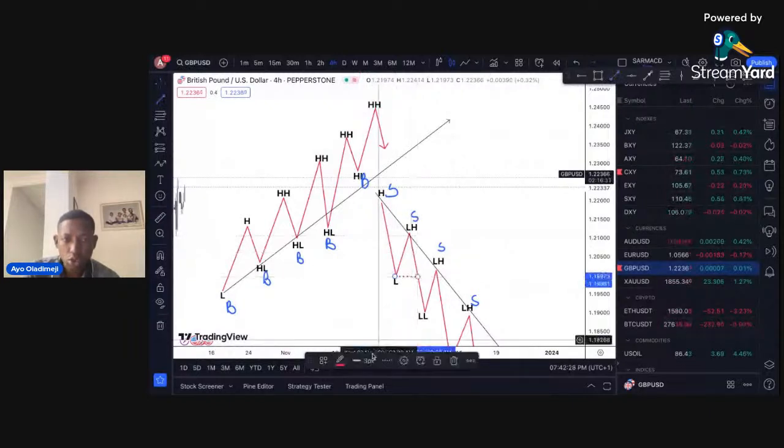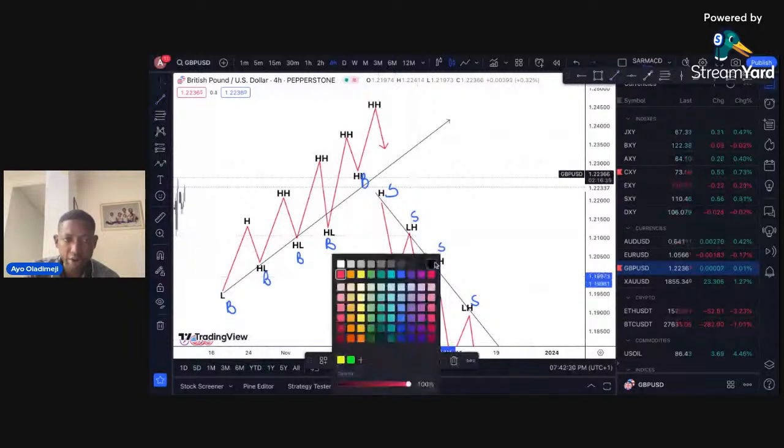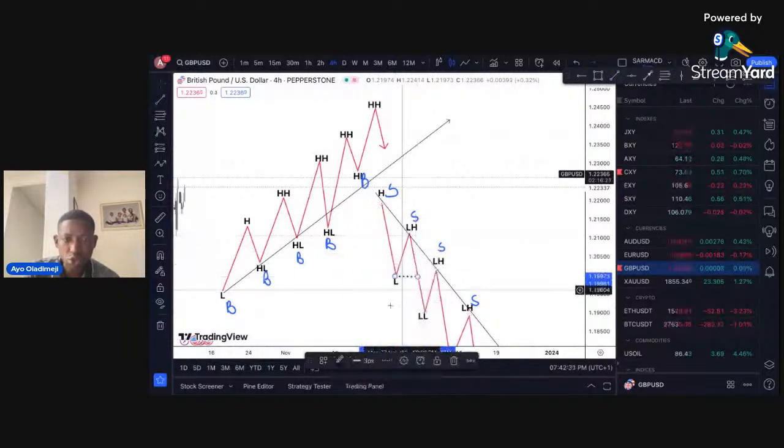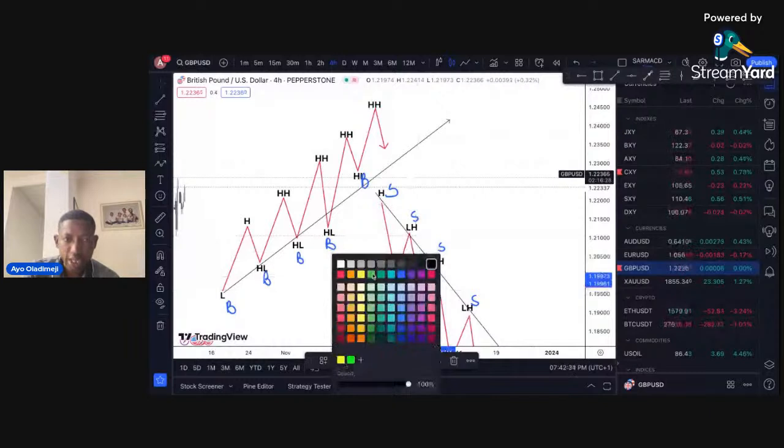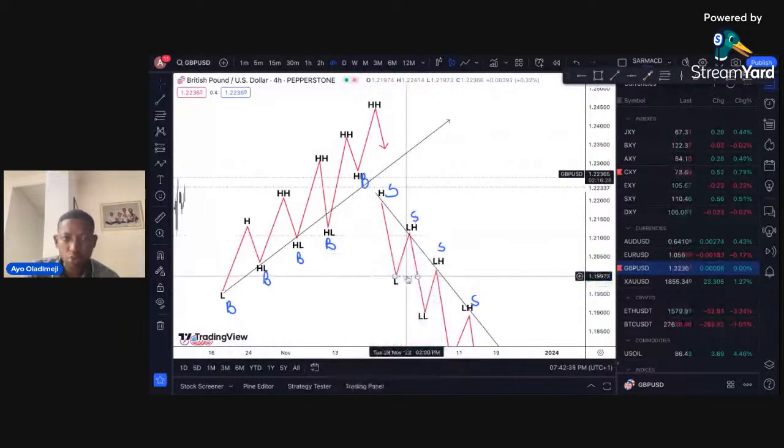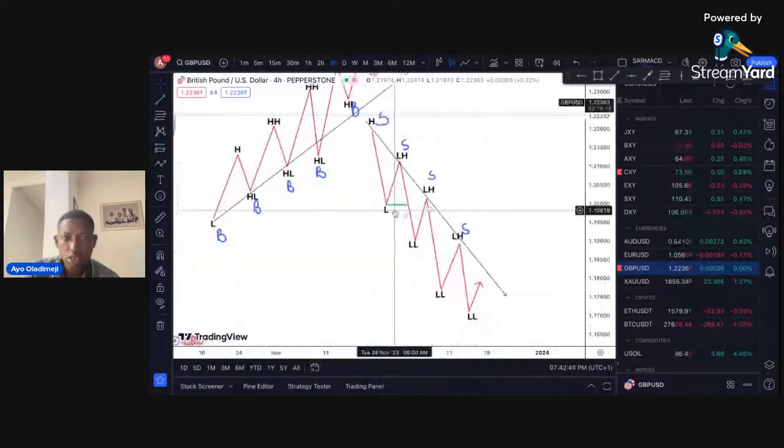Don't forget, make sure that price is breaking the previous low. Make sure that price breaks here, guys. So this is the low. So when price breaks this low, then selling here becomes valid.